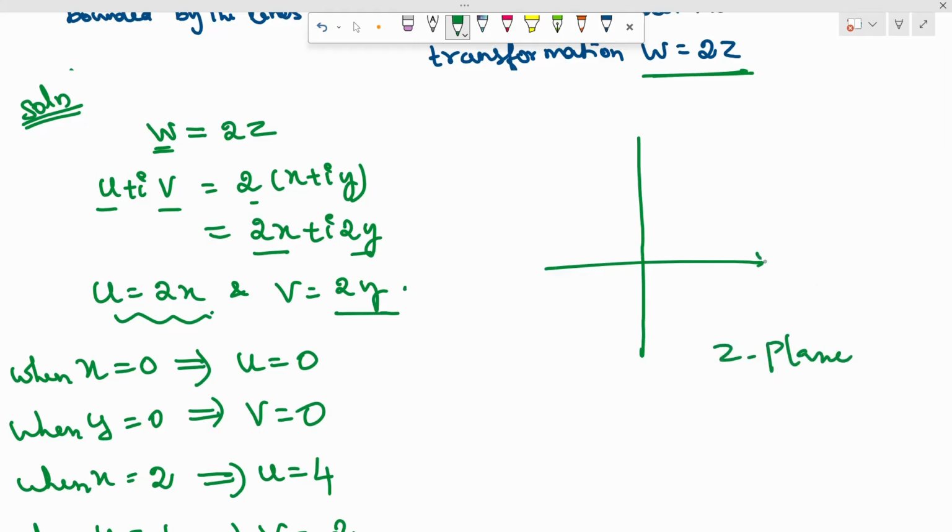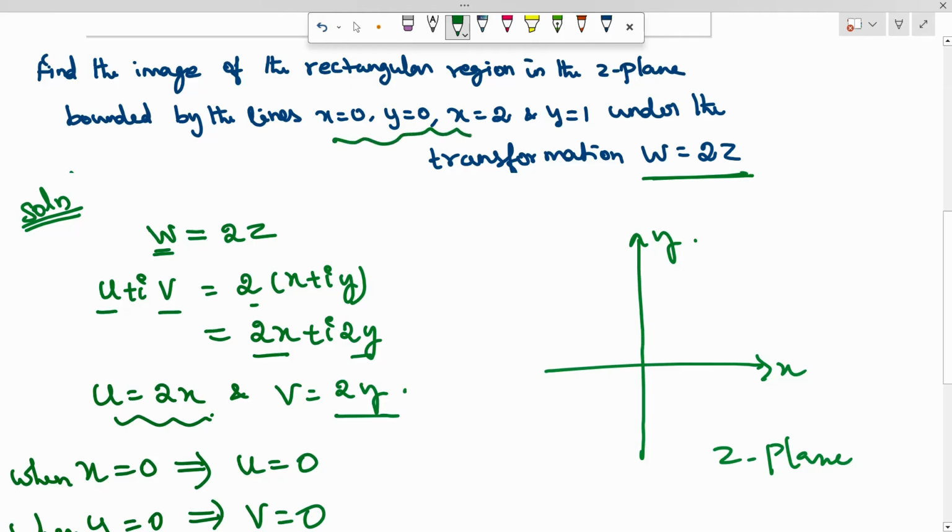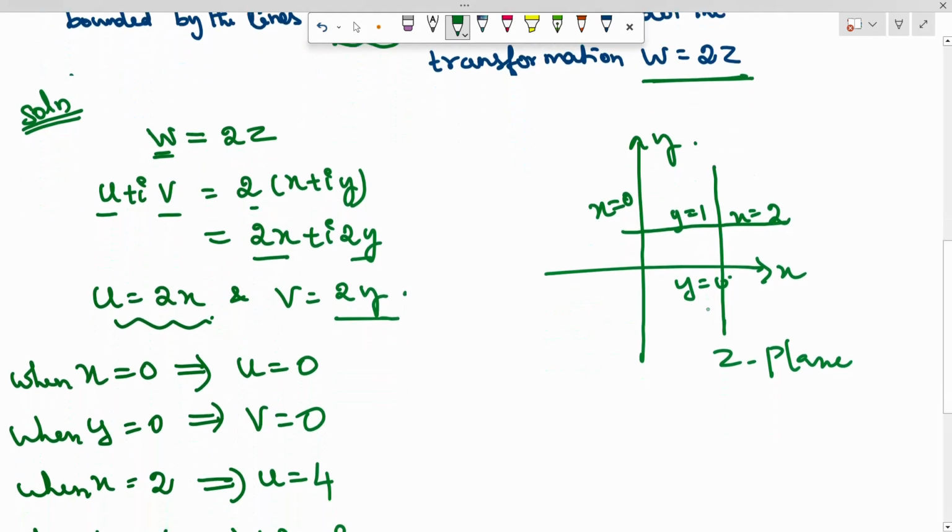X-axis, y-axis, and then write one by one here all the given z-plane values. x = 0 on the y-axis, mark here. y = 0 on the x-axis, mark here. x = 2, straight line parallel to the y-axis here. y = 1, straight line parallel to the x-axis. This is our z-plane image.